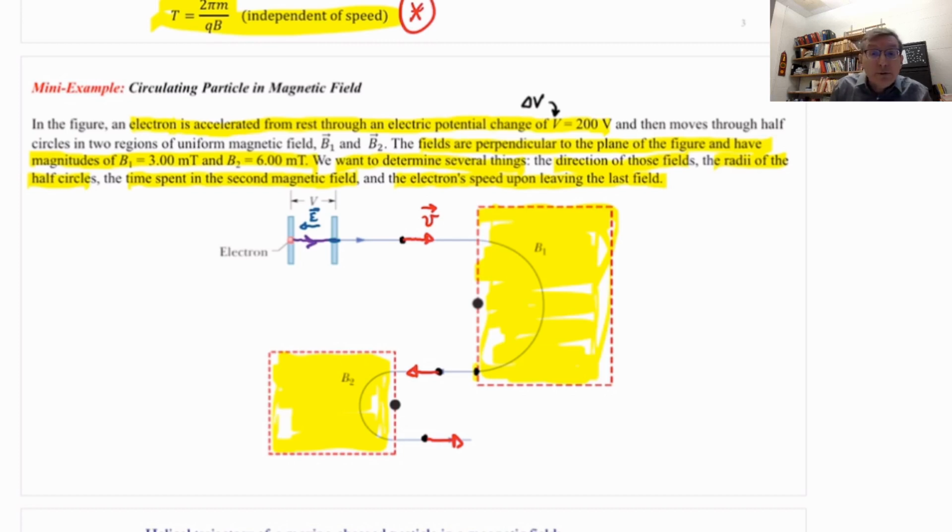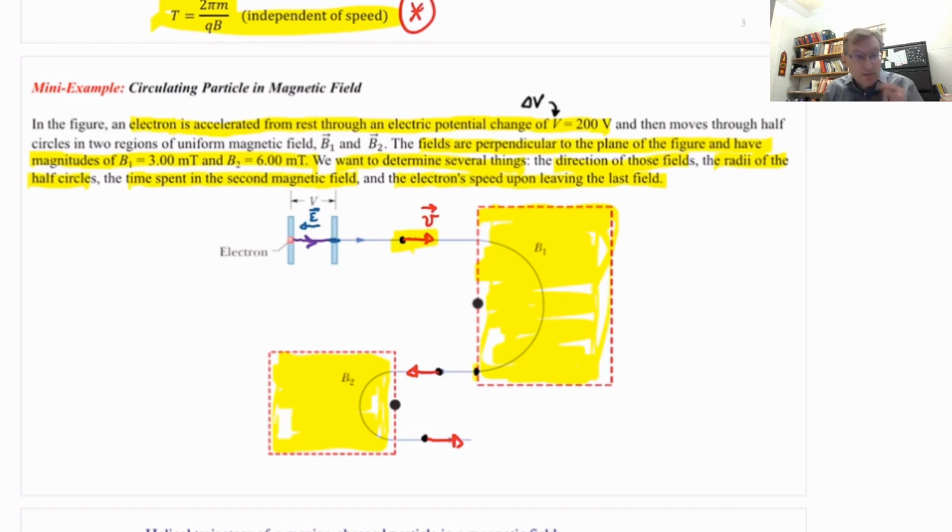First, I'm going to find out how fast the electron is moving when it leaves this electric field region that accelerates it. Okay? What is the v after accelerating from rest through that potential difference? And for that, we will just use conservation of mechanical energy.